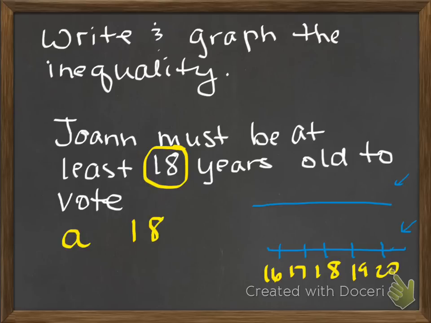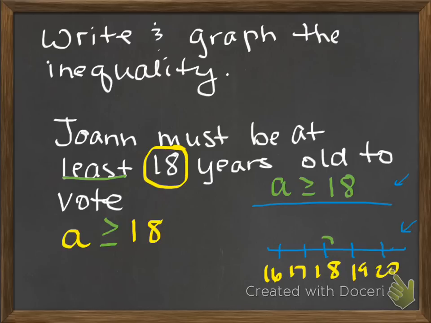Now that we have both sides set up, we can start to look at what we want our sign to be. So this A has to be what? Does it have to be less than or greater than? Well, the A has to be greater than or equal to 18, because when it says at least, that means she can be 18. It includes 18. So on the line over here, we're going to write A is greater than or equal to 18.